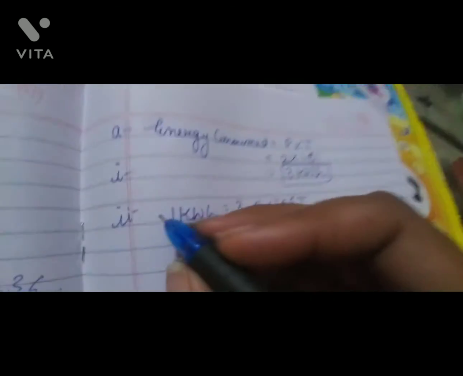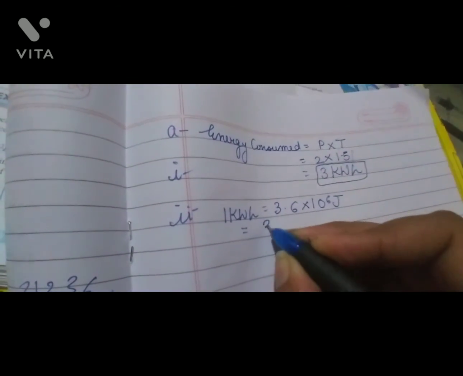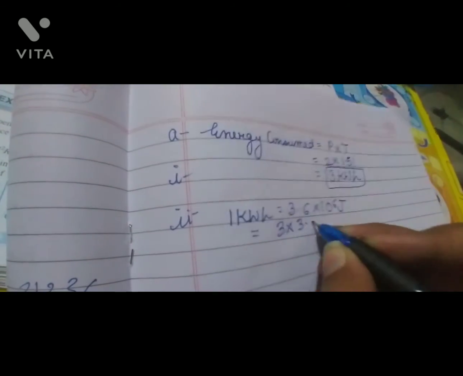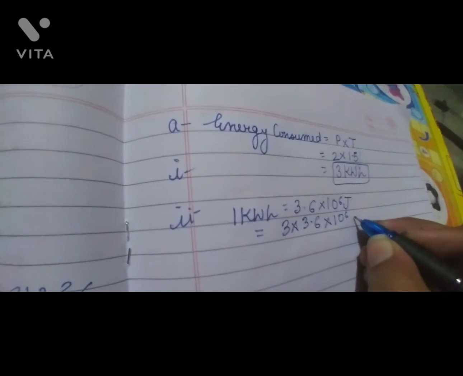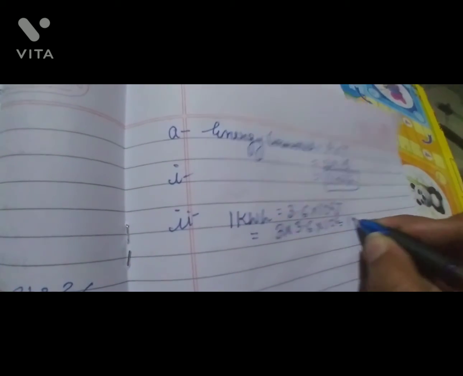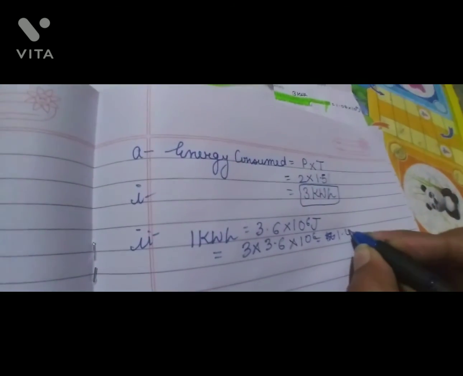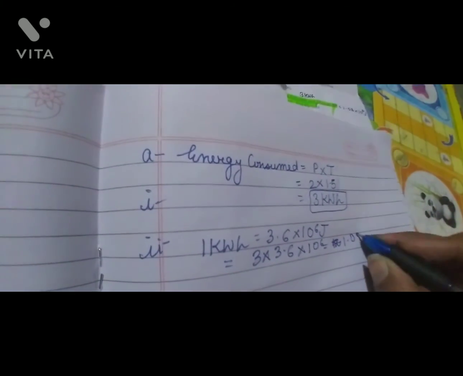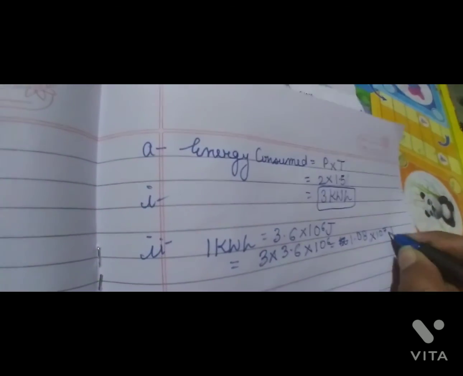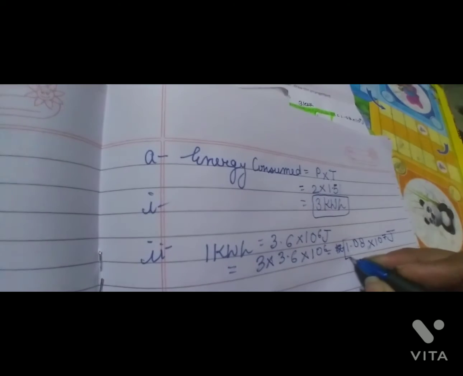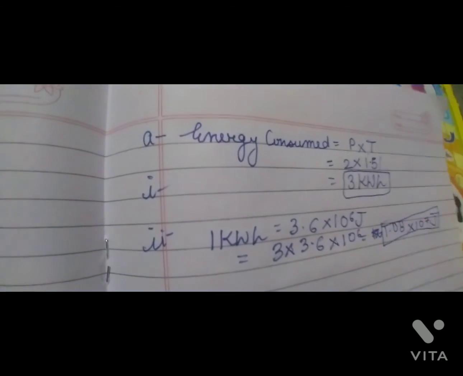So electric energy consumed equals to 3 into 3.6 into 10 raised to the power 6, which will be equal to 1.08 into 10 raised to the power 7 joule. This is the correct answer.